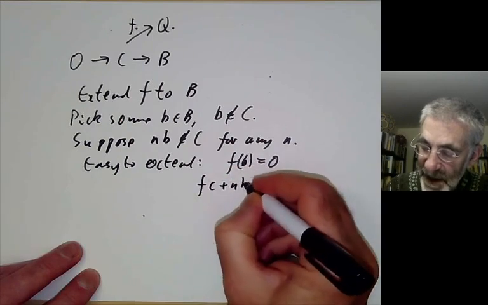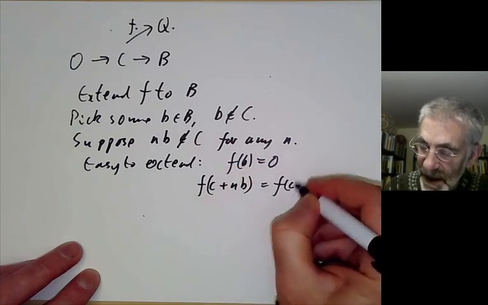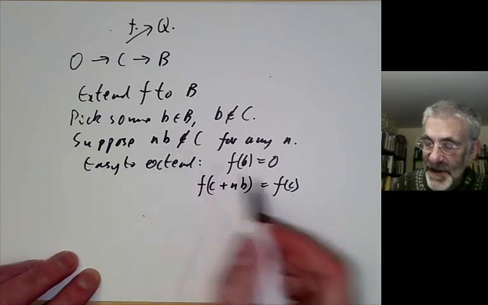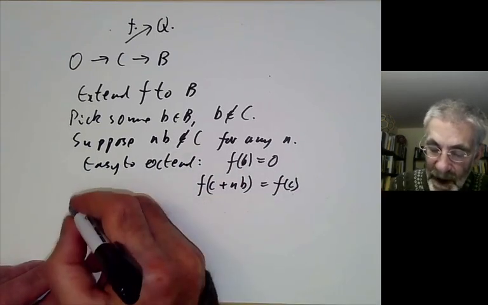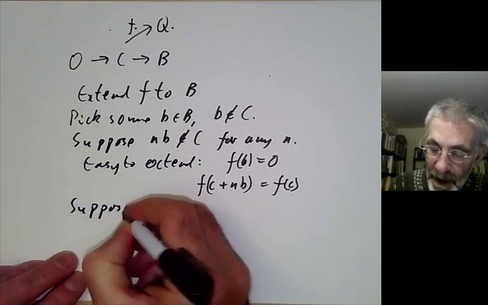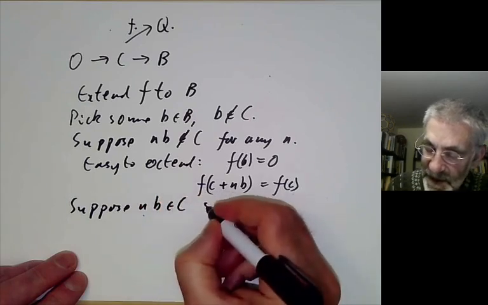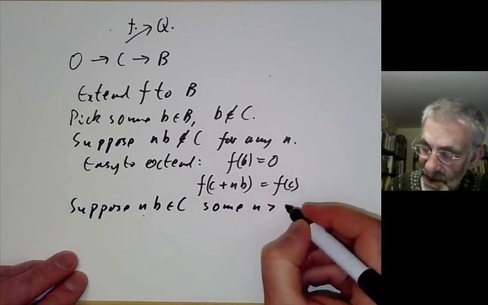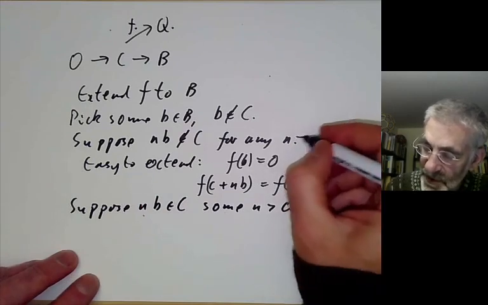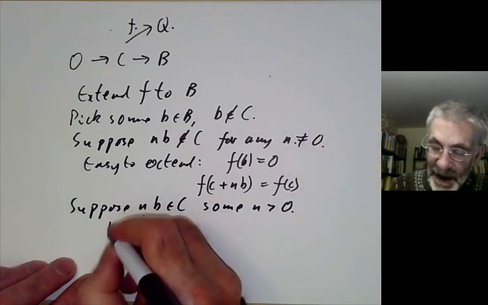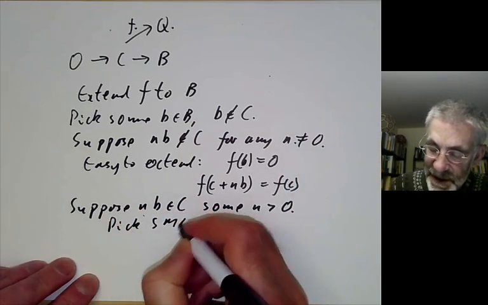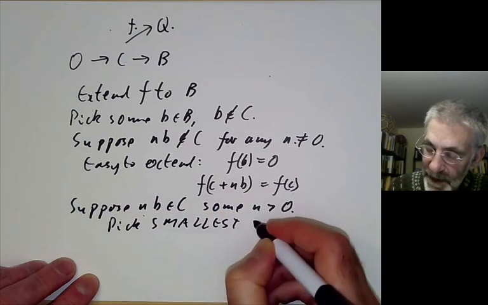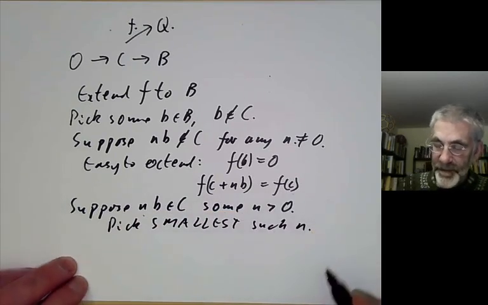So f of c plus nb is then just going to be f of c, and because nb is never in C, you can check this is well defined. Now suppose nb is in C for some n greater than 0. And then we pick the smallest such n.